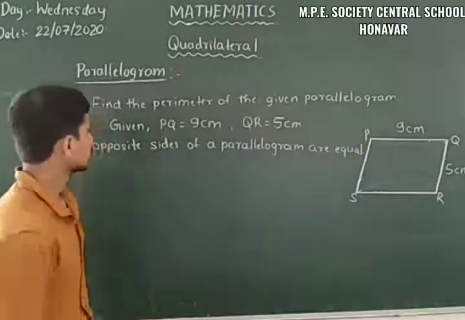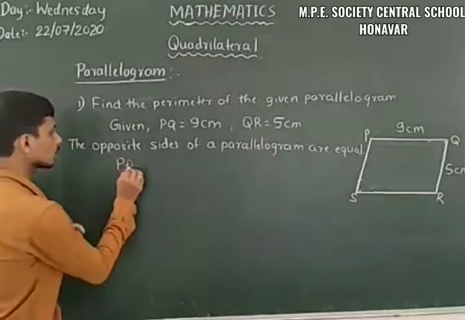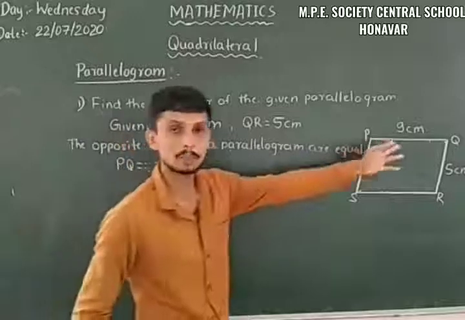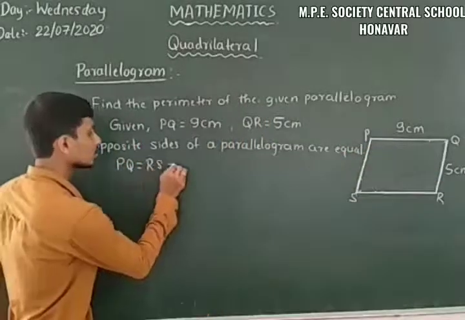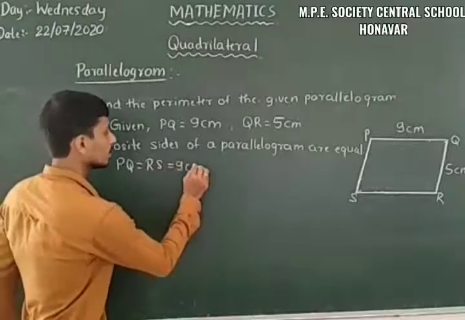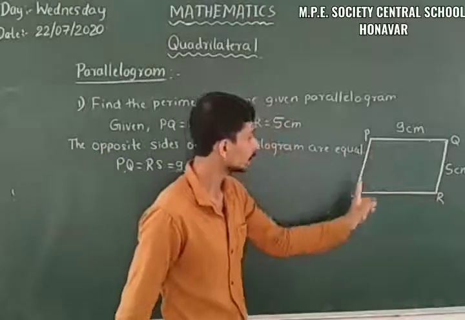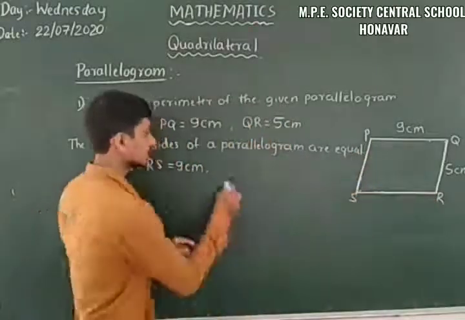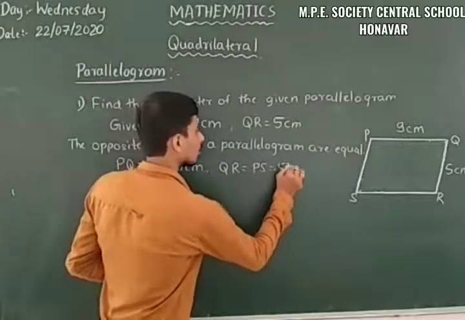Here, PQ is equal to its opposite side RS, so PQ is equal to RS is equal to 9 cm. And what is the opposite side of QR? It is PS. So QR is equal to PS is equal to 5 centimeter.